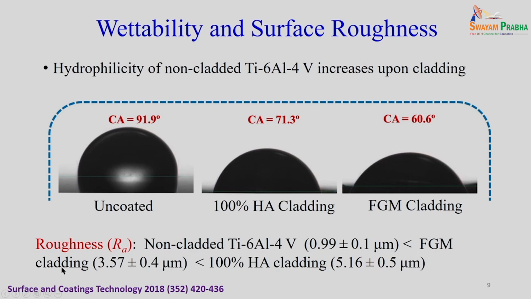The functionally graded material has about 3.5 micrometer roughness, and the hydroxyapatite cladding had the highest roughness of 5. So, what it says is that as compared to RF sputtering, the roughness Ra is higher. This is because of the coating technique.